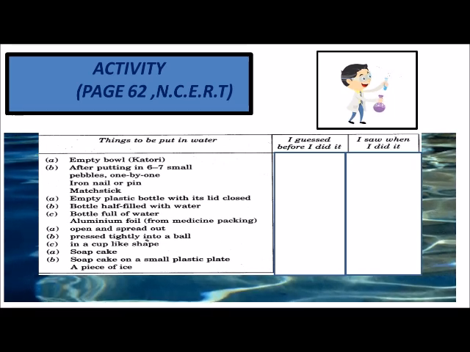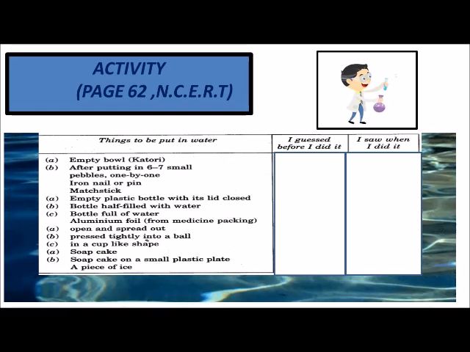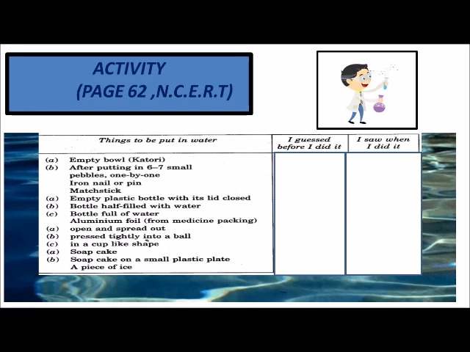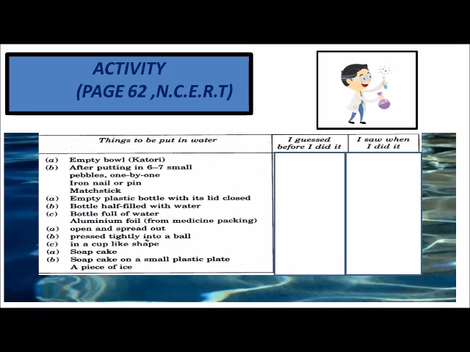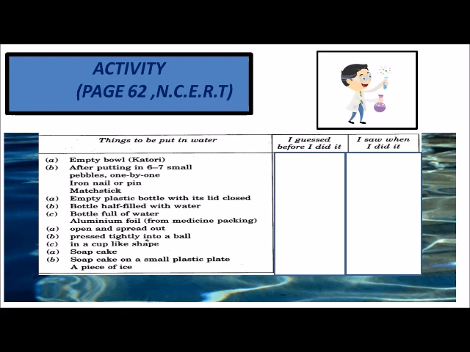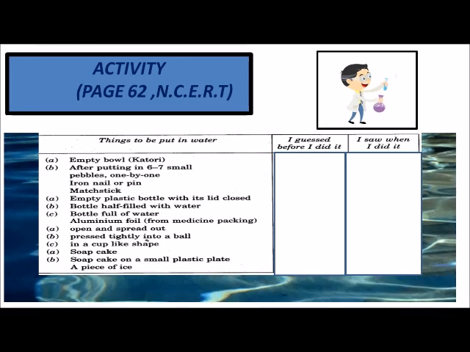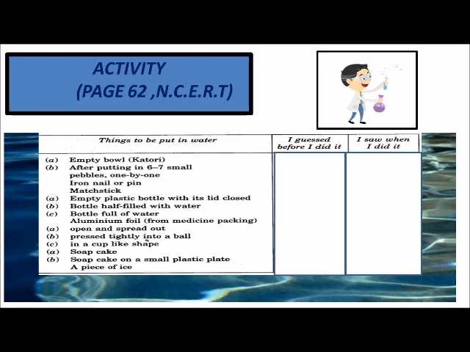First we will see A, we have an empty katori, so you have to put it in a bowl of water or bucket of water, and before immersing you should read all these questions and write what you guessed. And after doing these experiments, you have to write what you actually saw. So this is basically the experiment of floating and sinking, and you are going to get some interesting results. So enjoy this activity and write your observations.